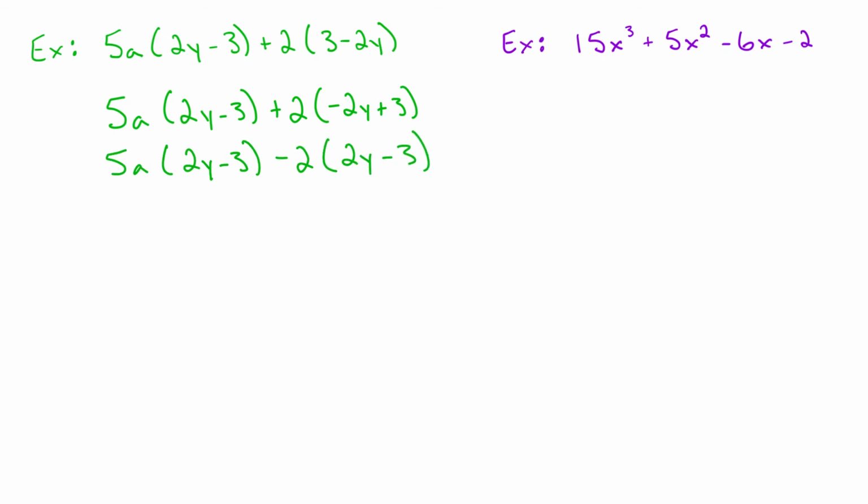All I did was factor out a negative, and now the two parts in the parentheses are exactly the same. And then according to factoring by grouping, as long as this binomial and this binomial are the same, I could factor it out. Then I would be left with the 5a and the negative 2. 5a minus 2. And that's my answer.